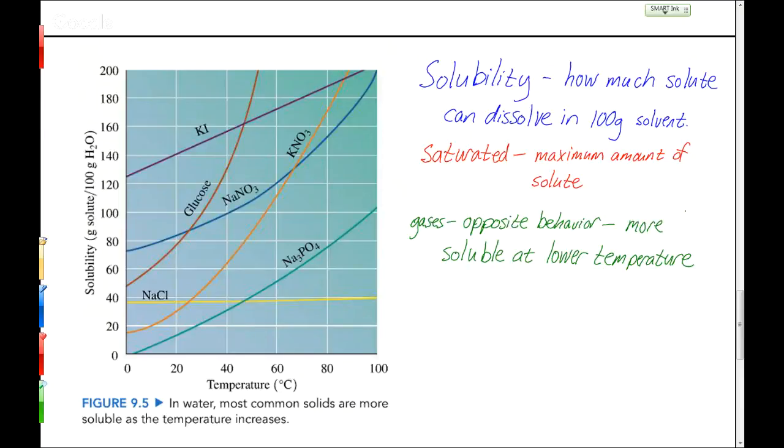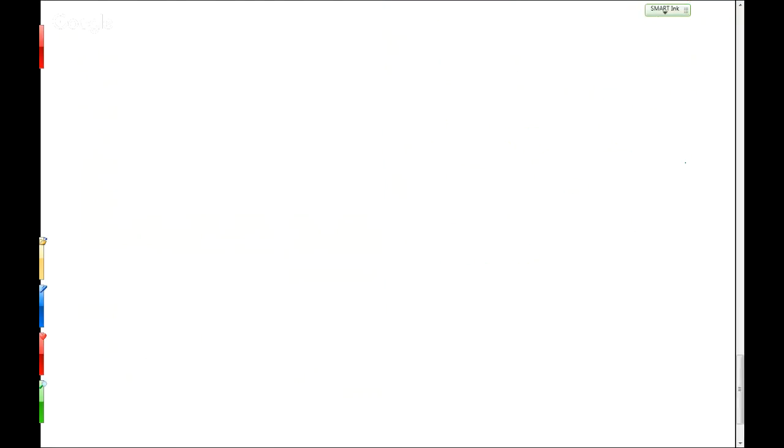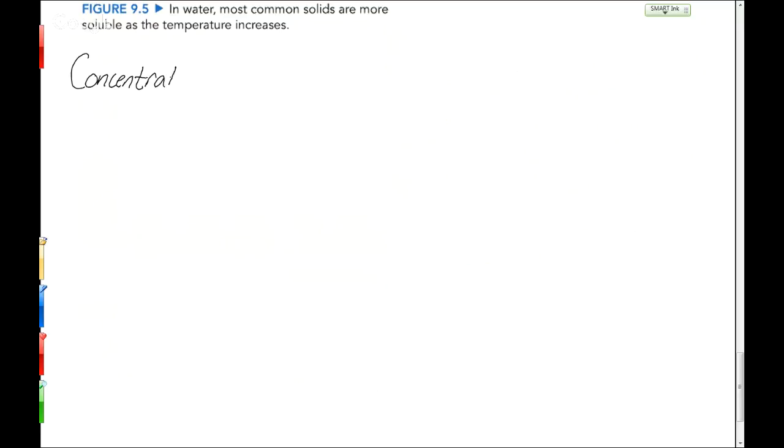Another part of lab today is going to be measuring polar versus nonpolar things, whether they mix together or not. And then there's also a part where we're going to look at concentration. Concentration is how we measure solutions.